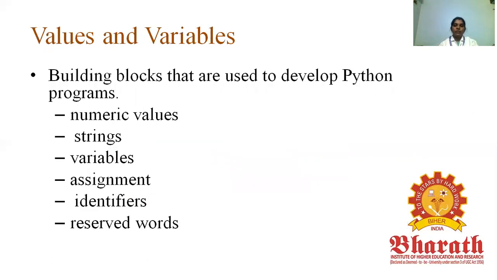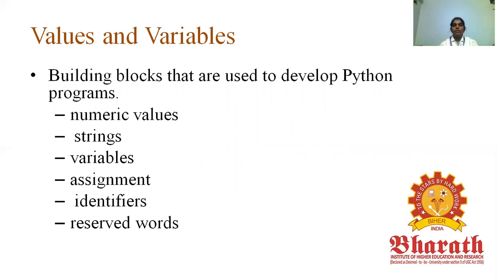Next one is values and variables. What do you mean by values? What do you mean by variables? Variables are used to hold values. What are the building blocks used to develop a Python program? Numeric values, strings, variables, assignment, identifiers, reserved words.